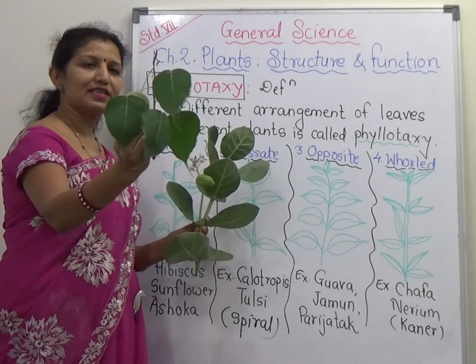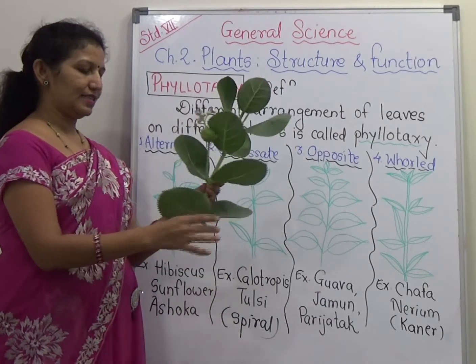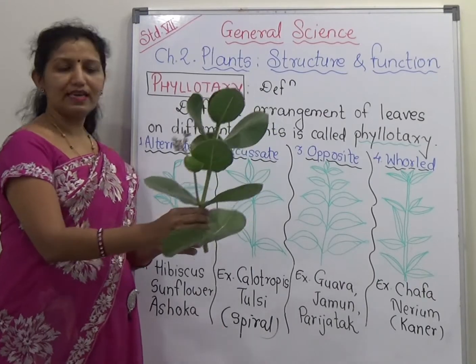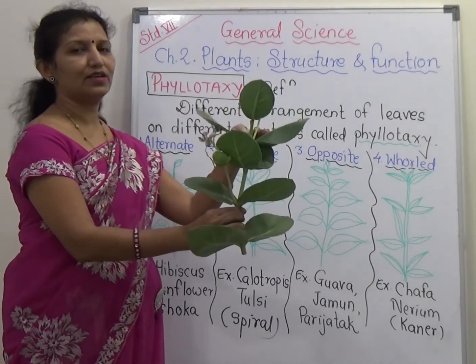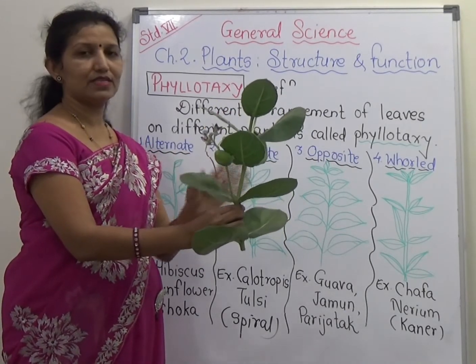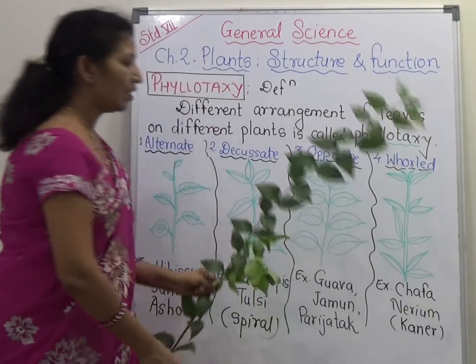They are arranged one by one like this. Then decussate. In decussate phyllotaxy, examples are tulsi as well as calotropis. They are arranged at the right angle of each other, from east west, north south, east west, north south like this. And the third type is opposite.